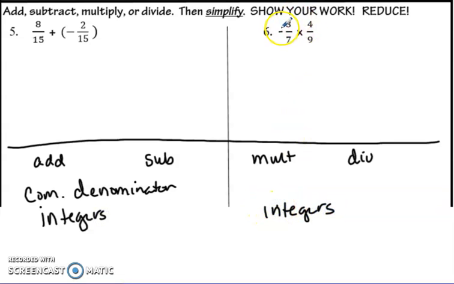So like for this one, you have to count the number of negatives whenever you multiply or you divide. Also, with these ones, if you've got a mixed number, okay, that's fine. I set mine on top of the other one, and I go and do what I need to do with it so that they are fine.